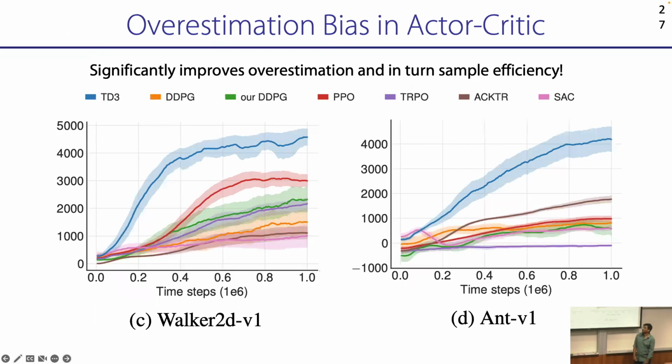So how well does this work in practice? You can see the top line, sorry, I'm colorblind, so you have to help. It improves significantly over PPO and TRPO, which are on-policy, and DDPG, which is actor-critic, and over SAC, which we'll talk about next.